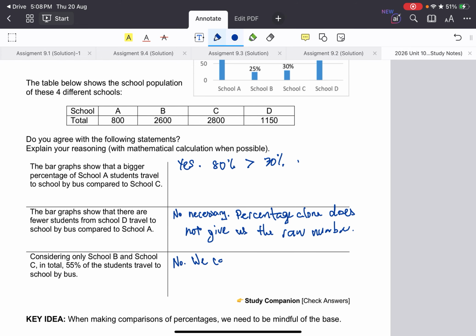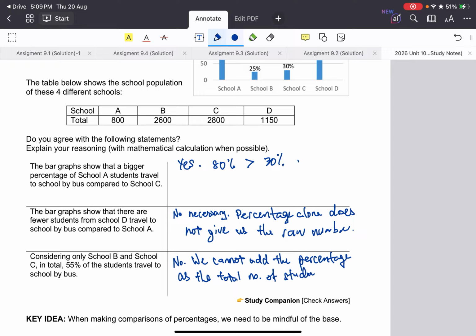We cannot add the percentages, as the total number of students is not the same. So these are some things that we should be aware of.